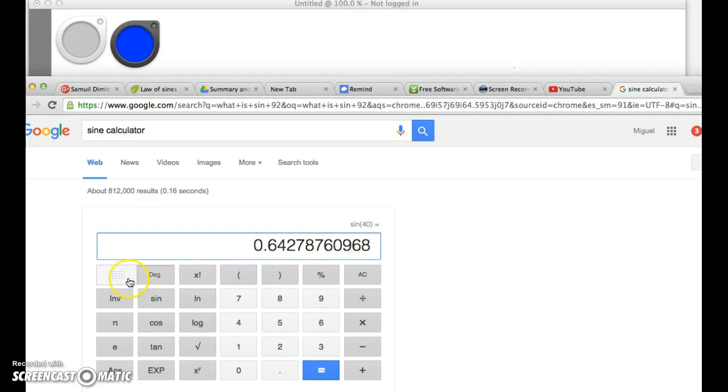So I noticed that there's a degree and radians setting here, so this one's radians. See, 0.74 is in radians, and in degrees it's 0.64. That's accurate. What I had typed in earlier was different. So I'm going to do that 92 again. The sine of 92 is 0.99. Oh, that makes sense. So the sine of 92 is 0.99, and the sine of 40 is 0.64.